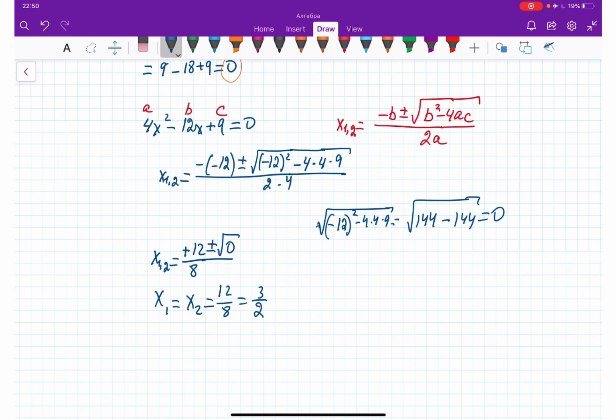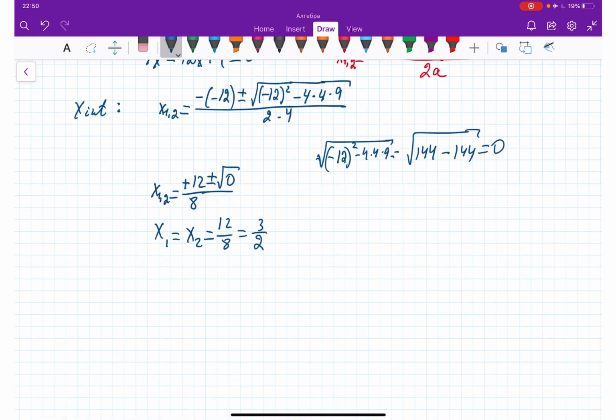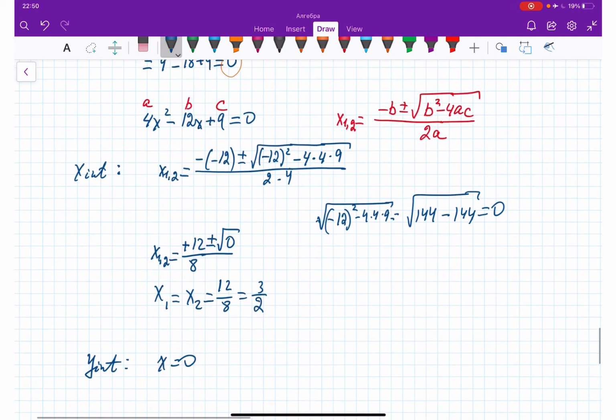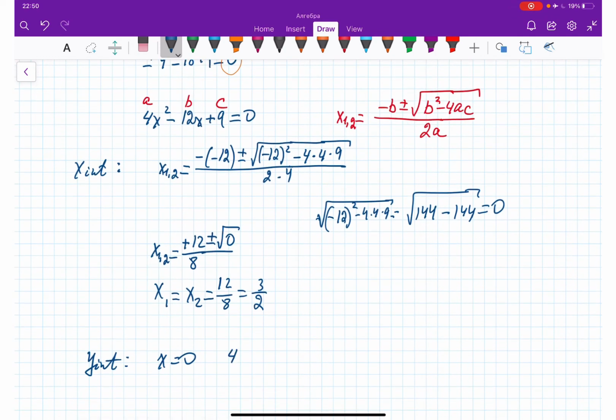Now to find our y-intercept, let me write down, this is the x-intercept, so you would know. This is for the x-intercept. For the y-intercept, I have to take x equal to 0, which means I will have 4 times 0 squared minus 12 times 0 and plus 9.